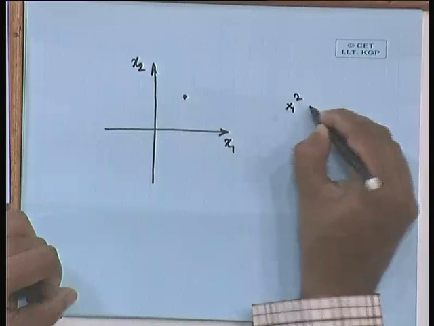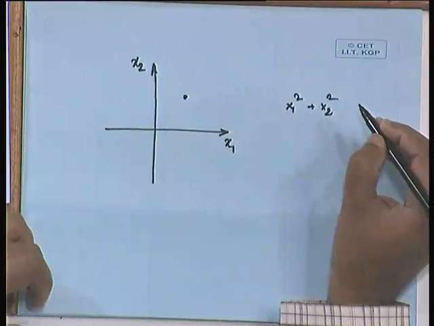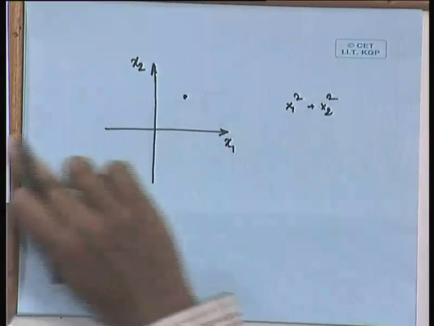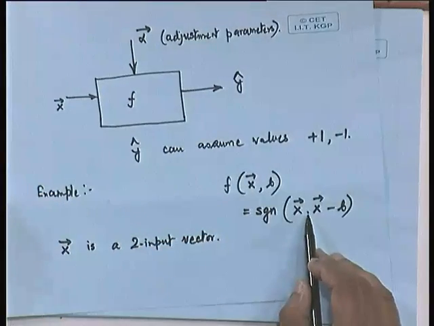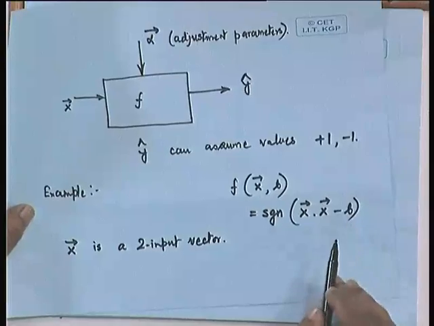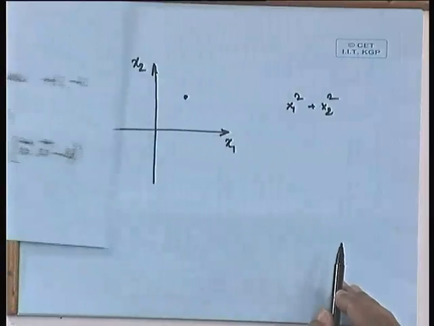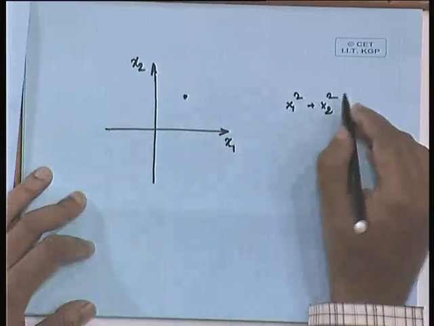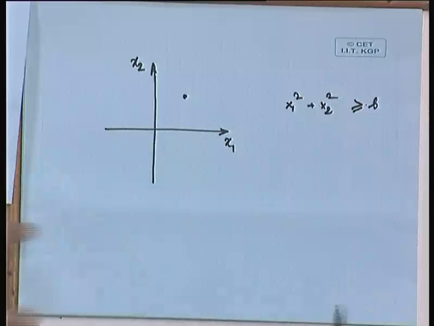You get x1 square plus x2 square. And what is the boundary equation? The argument x dot x minus b should be greater than or equal to 0 for the signum function, which means x1 square plus x2 square should be greater than or equal to b.